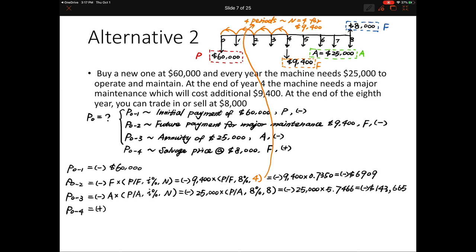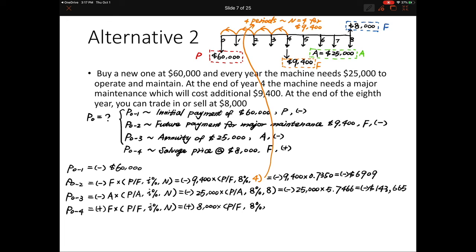It is a future receiving, so it's positive. And you're looking for P value given a future value. So the equation is going to be F times P/F, I%, N. So it's positive. F is 8,000. P/F at 8%.